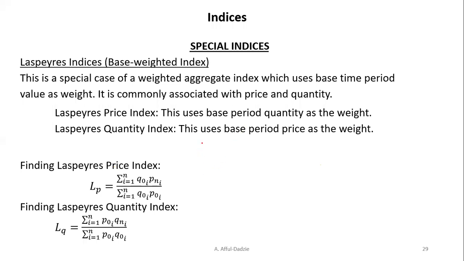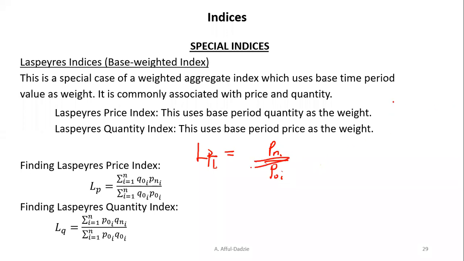So for instance, if you're finding the Laspeyres price index, it follows the same procedure where we have Pn over P0, I over P0I, meaning that there are several commodities: commodity 1, commodity 2, commodity 3, so it moves from i to whatever number.